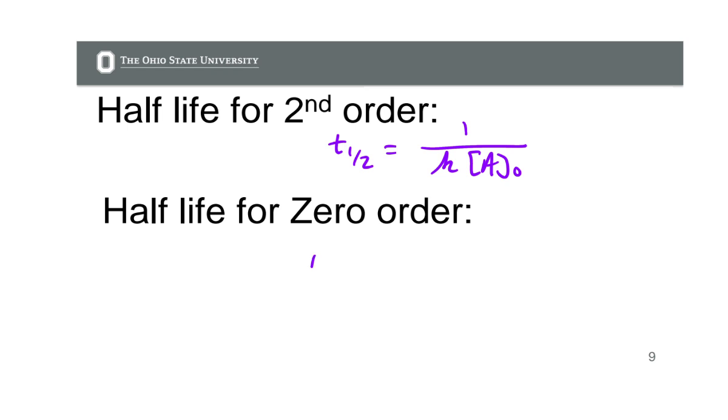And then for zero order, T1/2 equals initial concentration divided by 2 times the rate constant. Okay. I know I'm just showing equations, but does anyone have any questions on that?